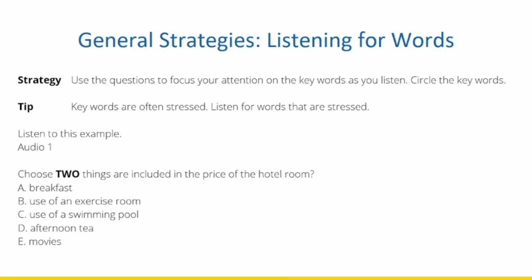So please pay attention when you are listening and circle the keywords such as this one. Your keywords in this question would be 2 and included in the hotel room. So make sure you're listening carefully and always circling the keywords. It will help you to stay focused.